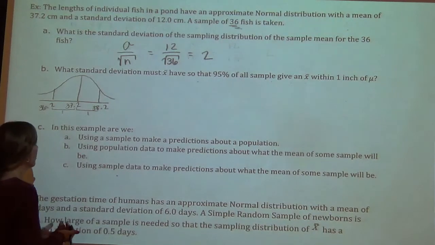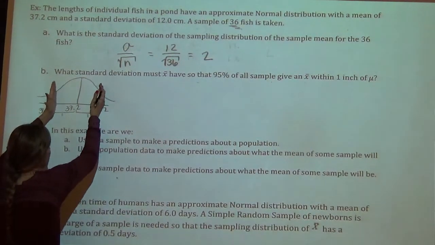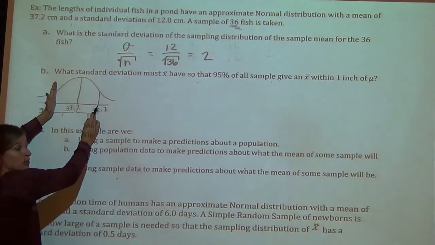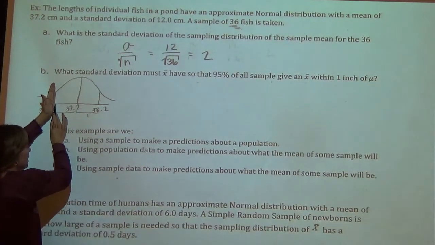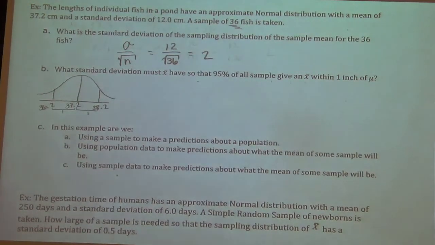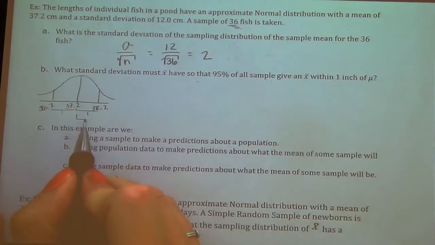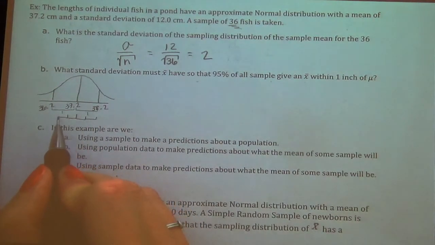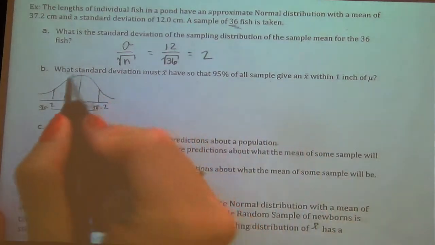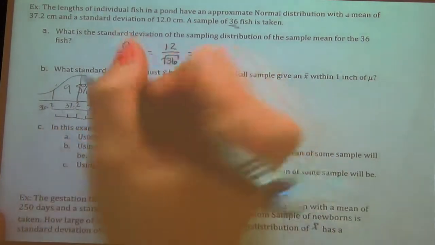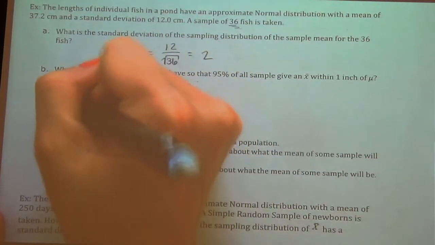So basically we're saying, okay, this is 95% in here. To get that, I'd be 2 standard deviations from the mean over here, and 2 standard deviations away from the mean on the left. So I need 2 standard deviations in here, to make sure that all of this is 95%.